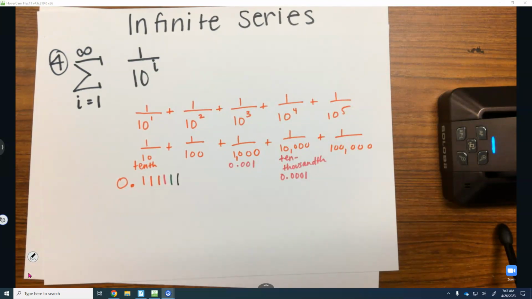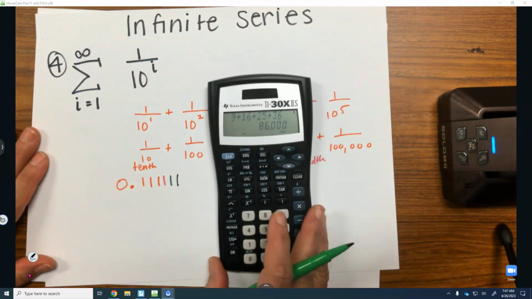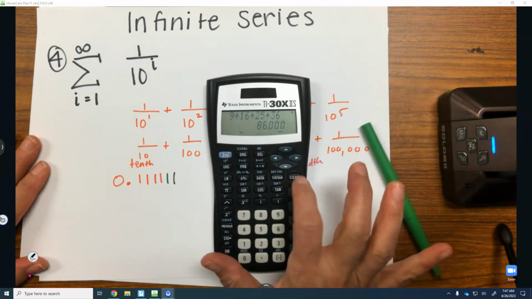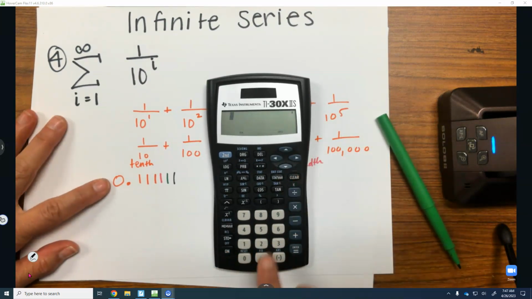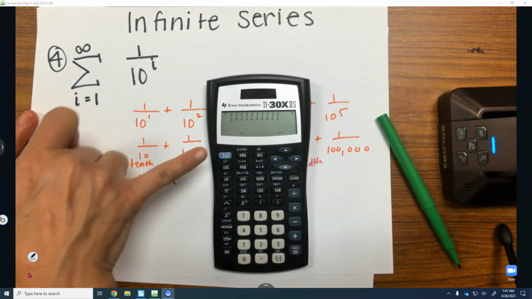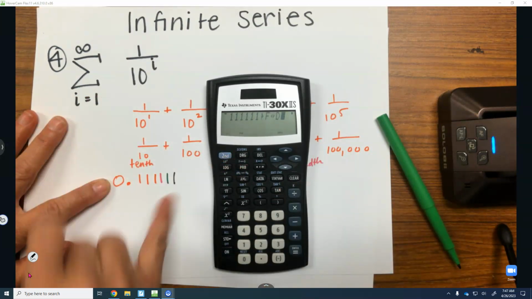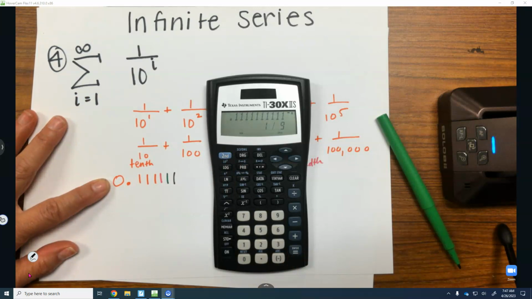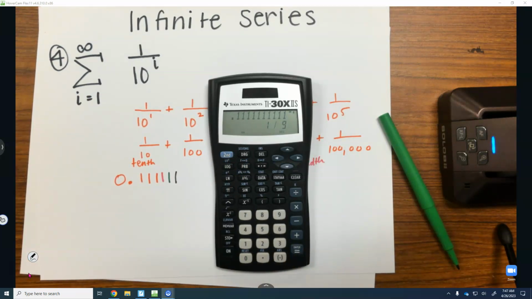This is a repeating decimal, which means it's a fraction. All repeating decimals are some sort of fraction. So if you turn on this calculator, hopefully it'll put it in for us. I'm going to hit 0.111, as far as I can take it, a whole bunch of ones, and then I'm going to hit the second PRB, and it's going to tell me the fraction.